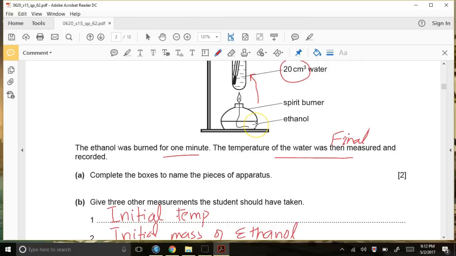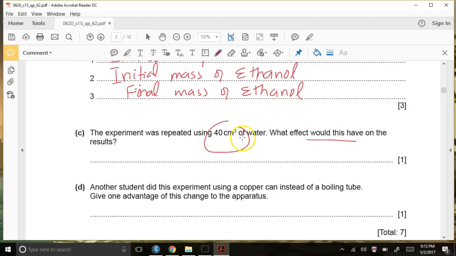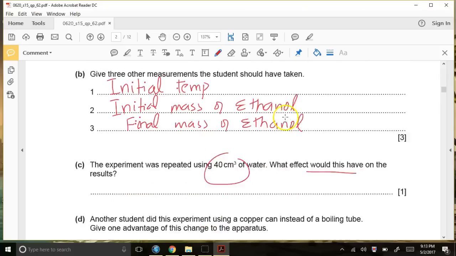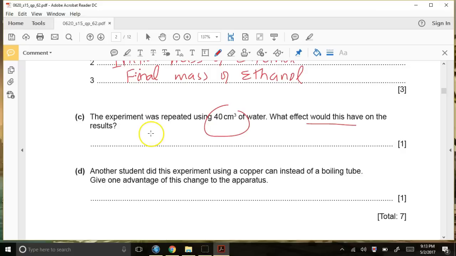So if it's going to be the same heat in double the quantity of water, do you think the temperature of water will rise twice as much, or maybe half of that? I hope you guessed it right. There will be less rise in temperature. In fact, it will be exactly half the change in temperature.